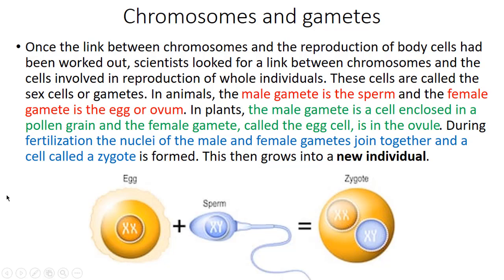The process called fertilization is the combining of these cells. During fertilization, the nuclei, the X and the Y and the X and the X, of these reproductive cells join together and make a new cell we call a zygote. This cell will make simple copies of its own cell to make a new individual.